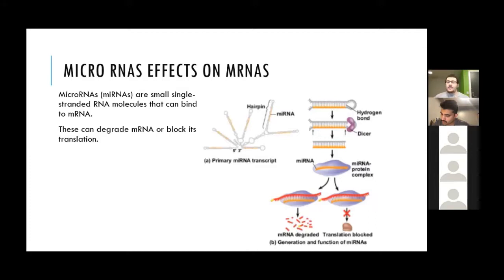MicroRNAs are actually synthesized in a double-strand manner, and then they get diced by the Dicer right here. Then you have the separation of the two strands, and the acting strand that you need locks into the mRNA that you don't want to be translated, and it causes degradation or blockage of this mRNA.